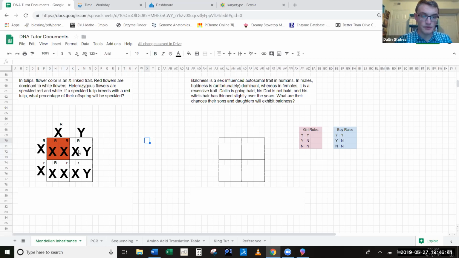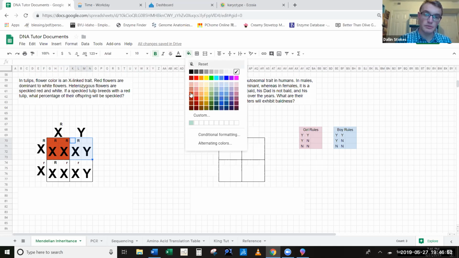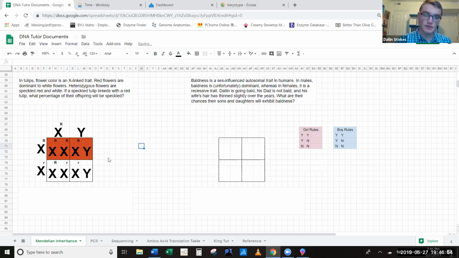What about this one? X big R, Y. That big R says red flower. So this one will be red. X big R, X little r. The big R overpowers the little r.